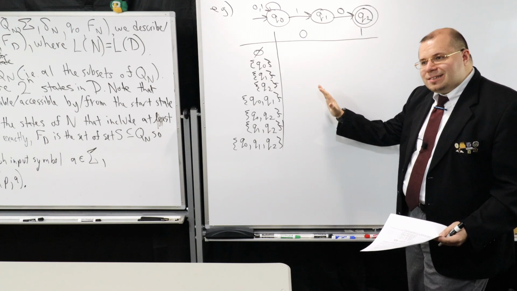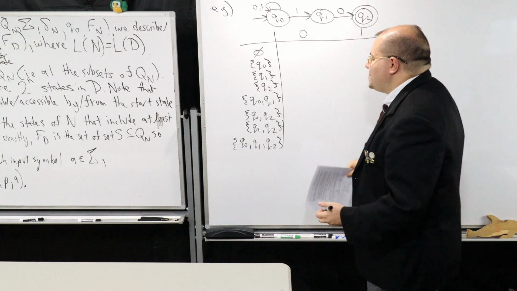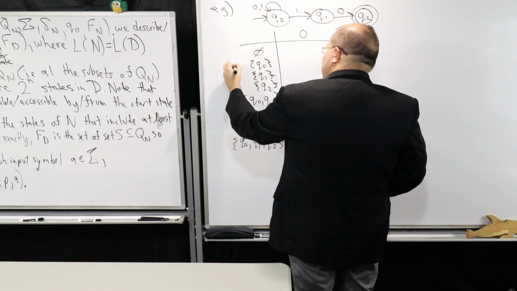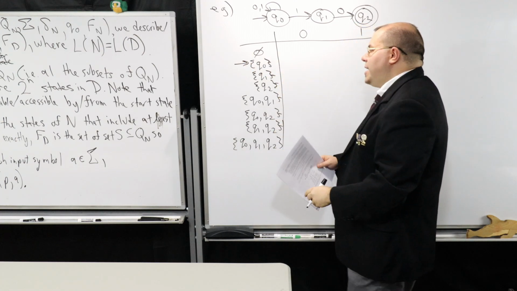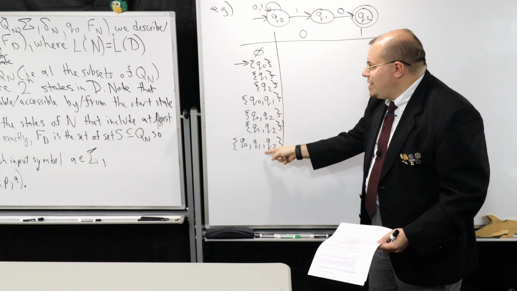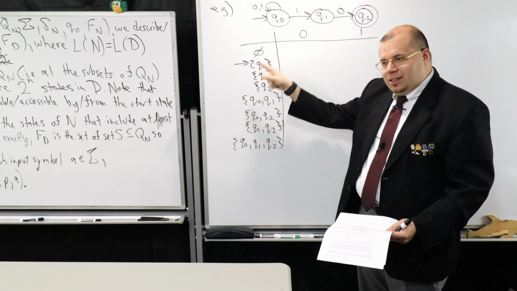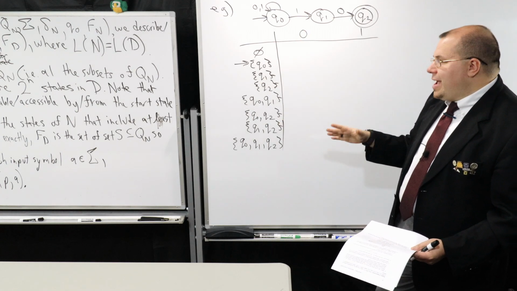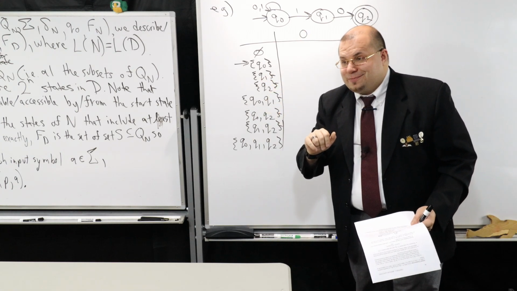I'm going to next label the start state. Remember, Q0 is the start state. And I really need to stress this again: these are the names for the states in our DFA. They're labels. But in the NFA, we treat these as actual sets.